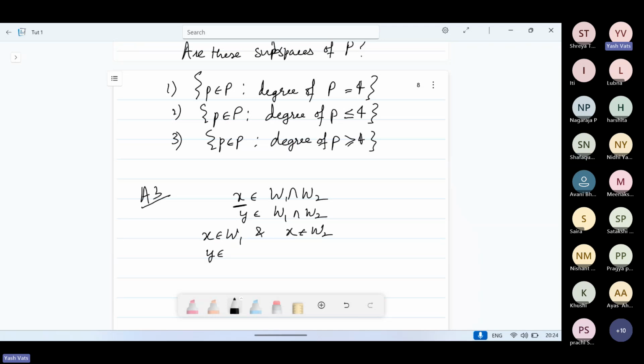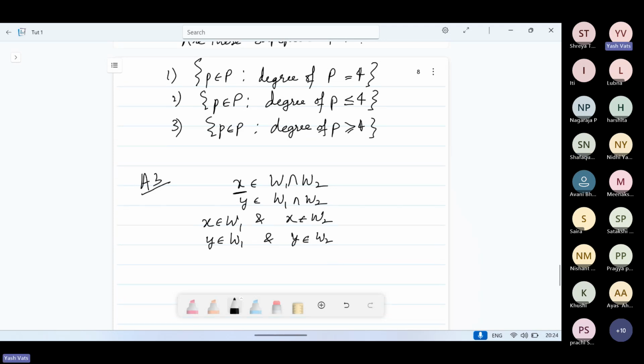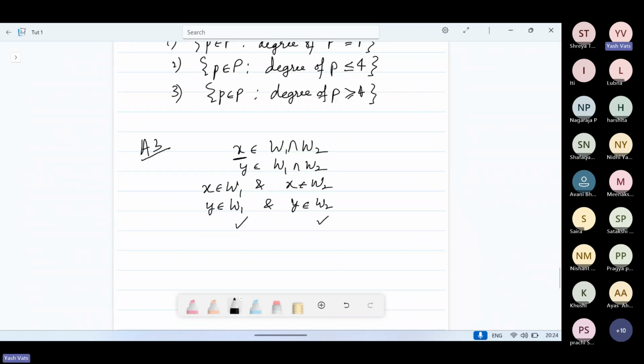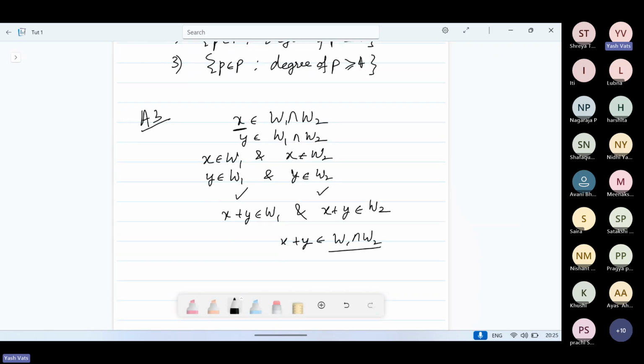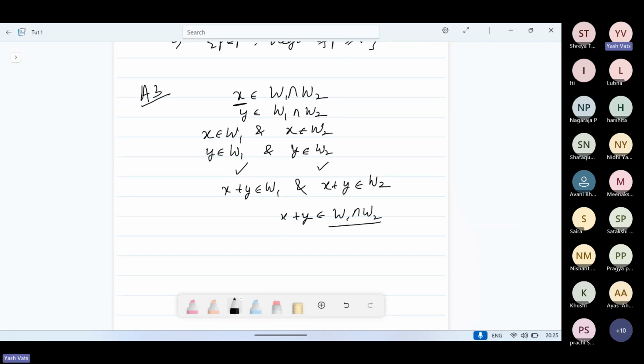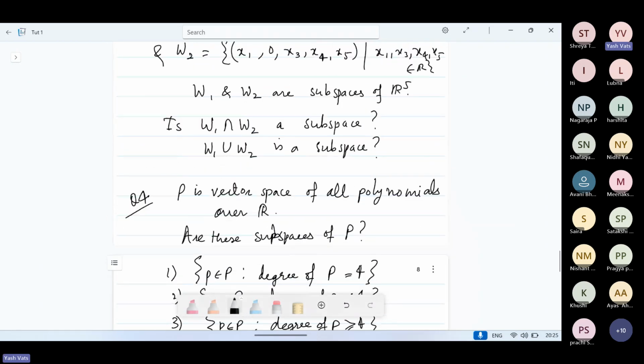Similarly, y is a part of W1 as well as W2. Since W1 and W2 are subspaces, x plus y should be in W1 and x plus y should be in W2. It means that x plus y is in W1 intersection W2. And similarly, you can check the other property. So W1 intersection W2 is always a subspace, whatever W1 and W2 are.